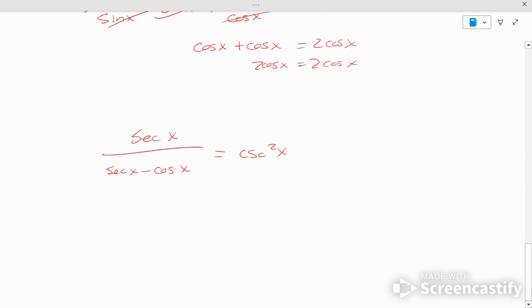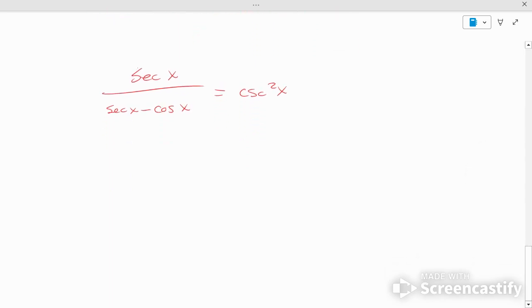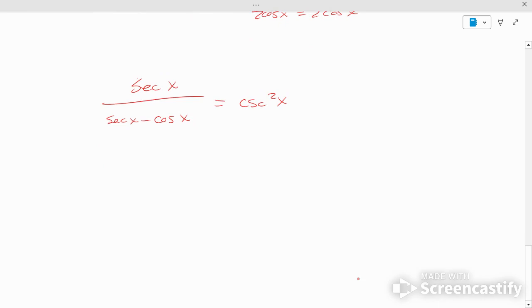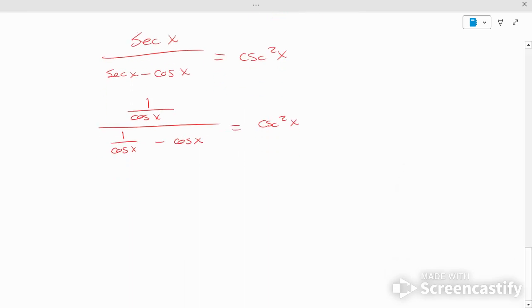What would you do first here? Change to sines and cosines, so secant of x becomes 1 over cosine of x, over 1 over cosine of x minus cosine of x equals cosecant squared of x. Got a complex fraction now, don't we?